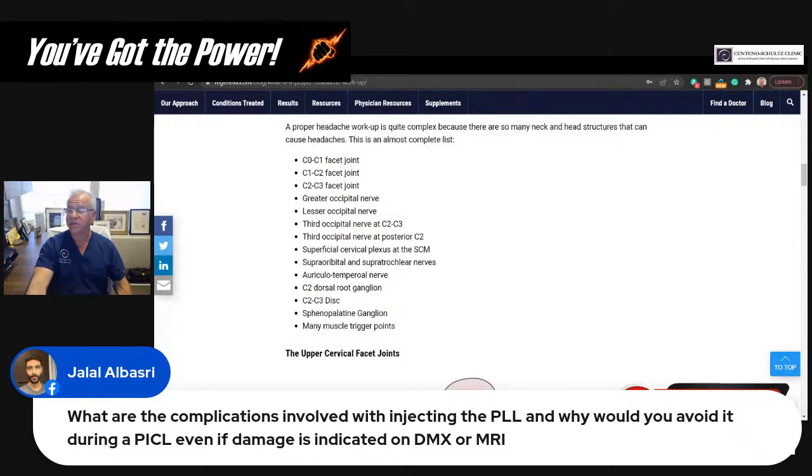That risks puncturing a hole in the dura or injecting intradural, meaning inside the covering of the spinal cord and brain. And then lower down, we would have to inject through the disc and poke it out the other side into the back part of the spinal canal, which risks the same thing.